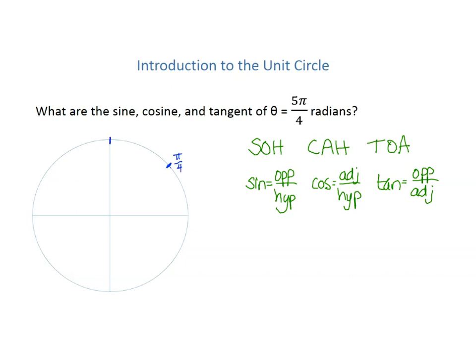Then this angle here is 2 pi over 4, which we just write as pi over 2. Then this angle here is 3 pi over 4. This one is 4 pi over 4, which we just write as pi. So then this one is 5 pi over 4. So this is the angle that we're looking for.